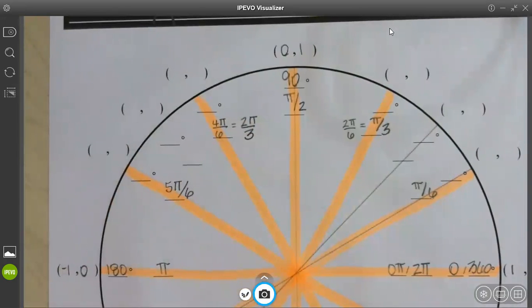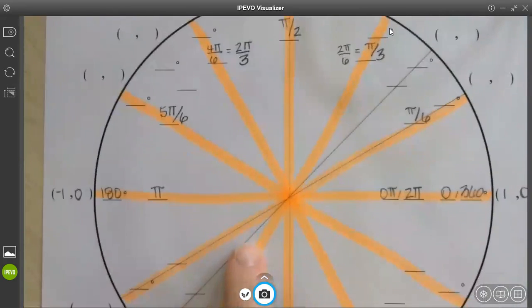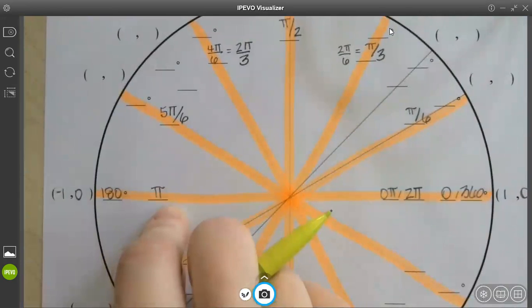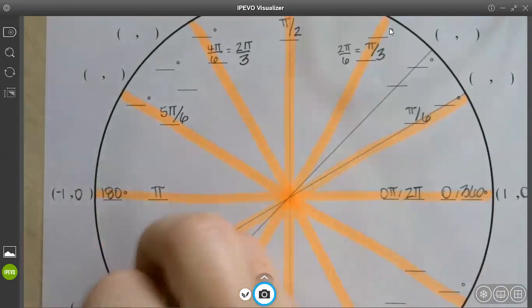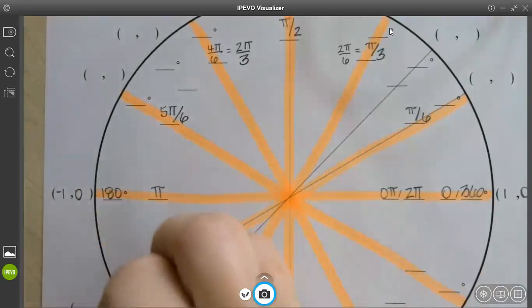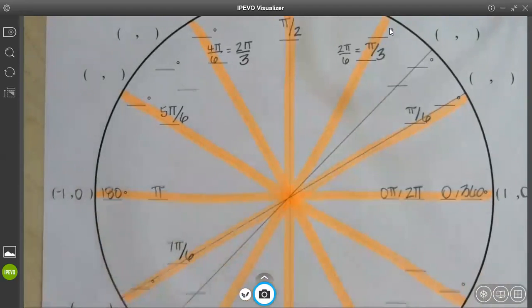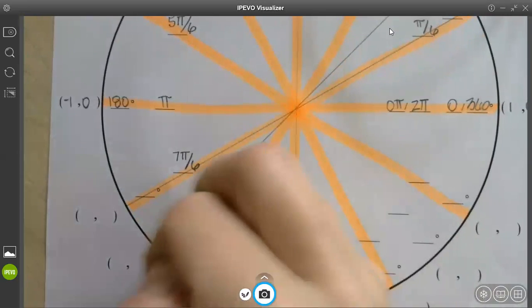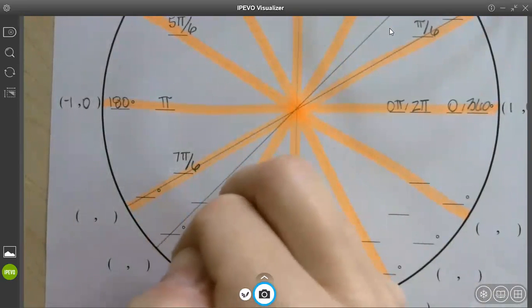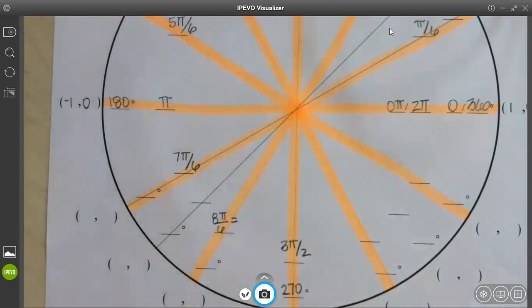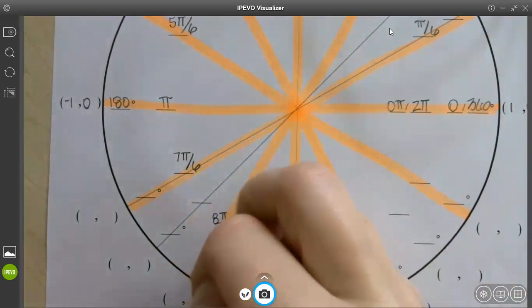That one will not reduce. 6 pi over 6 reduces to 1 pi. So 6 over 6. The next one would be 7 pi over 6. The next one would be... And guys, if you need to do this on your quiz, that's perfectly fine, but I want you to reduce them. What would it actually be? 4 pi over 3.